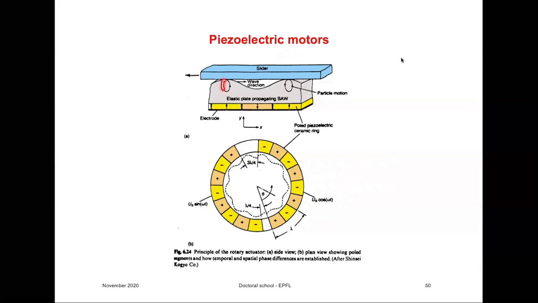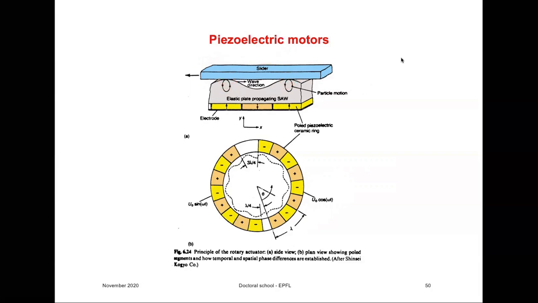So the particles would move in this direction, and the wave would go like that, and that would force this slider on the top to rotate around. Again, the only problem is really this friction here.